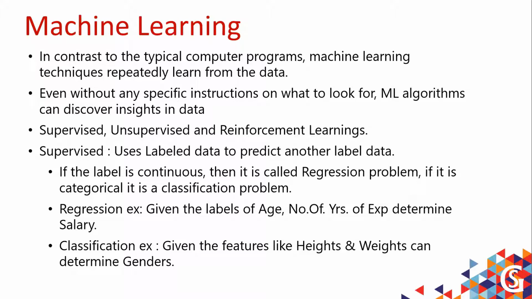So there are three types of machine learning algorithms: supervised, unsupervised, and reinforcement learning. Supervised learning is pretty straightforward. Like, I have the age and the number of years of experience, where everything is labeled, and then I also give the salary. So I give a set of data.